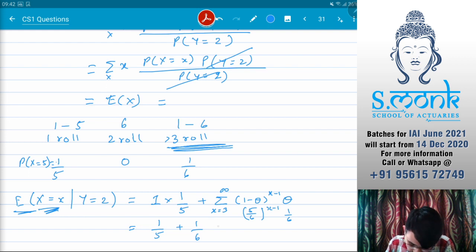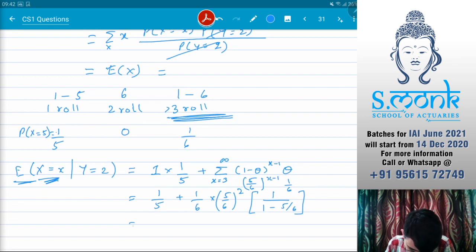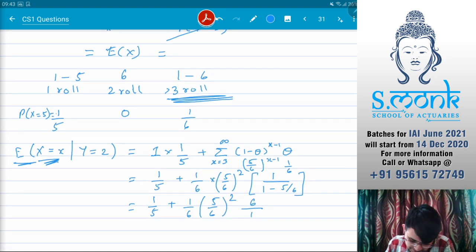Okay, so 1 by 6, and this is a geometric progression, an infinite GP, where we are starting from (5 by 6) square as our first value into 1 by 6. This is our a, and then we'll have 1 upon 1 minus 5 by 6. We are getting 1 by 5 plus 1 by 6, (5 by 6) whole square, 6 by 1.